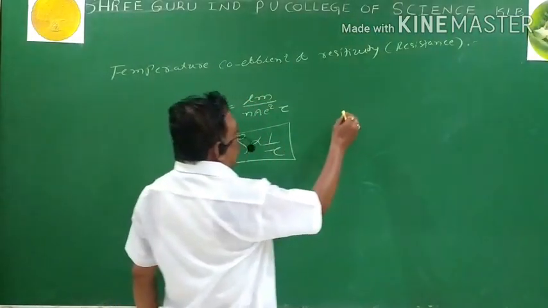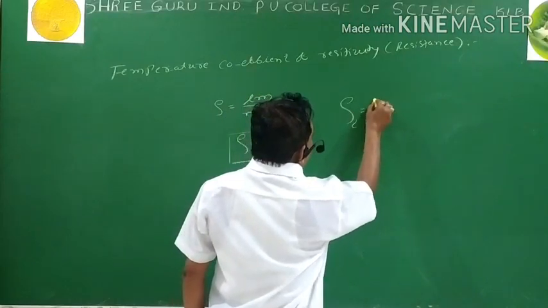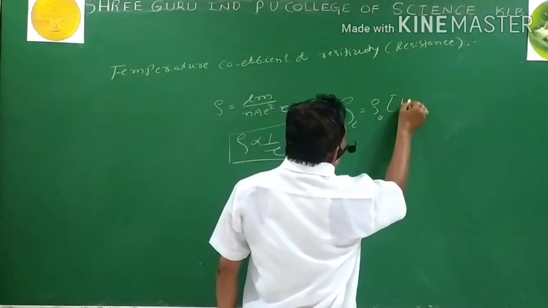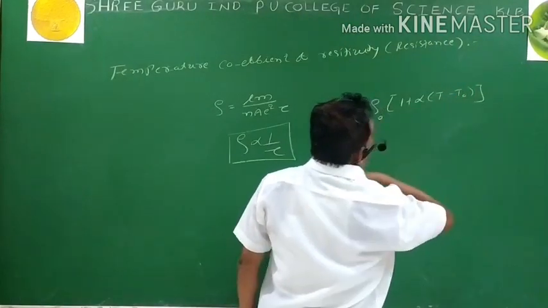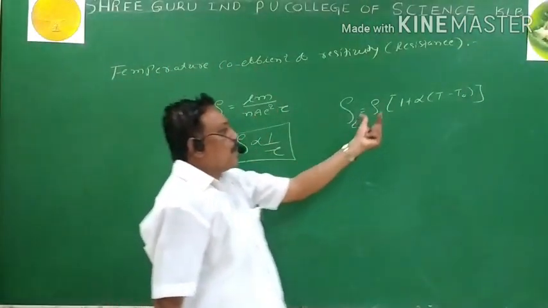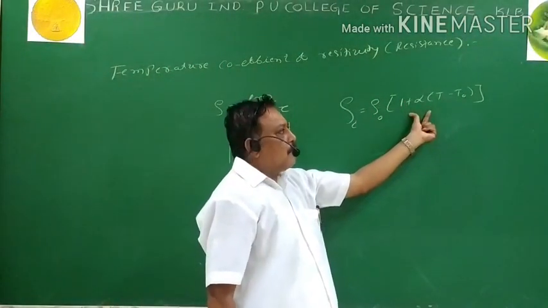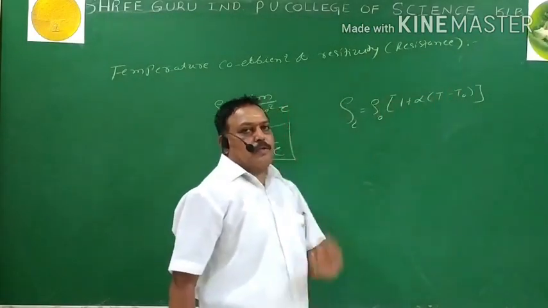The resistivity of the conductor, rho, at a temperature T is given by rho naught into 1 plus alpha into T minus T naught, where alpha is the temperature coefficient of the given material, T is the temperature, and T naught is the reference temperature.